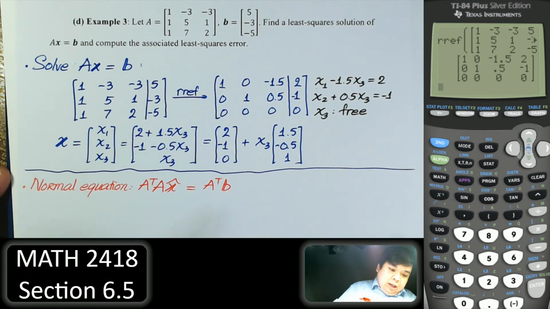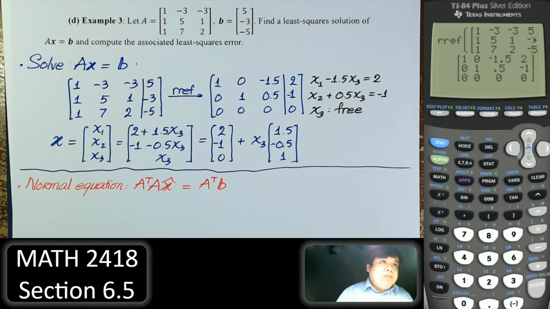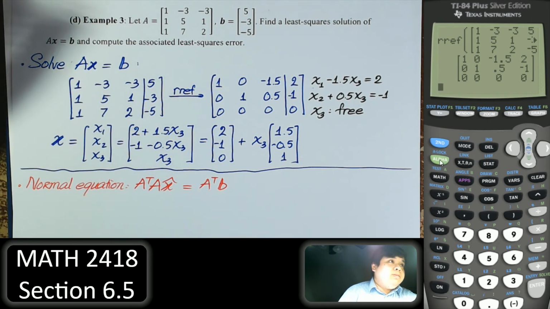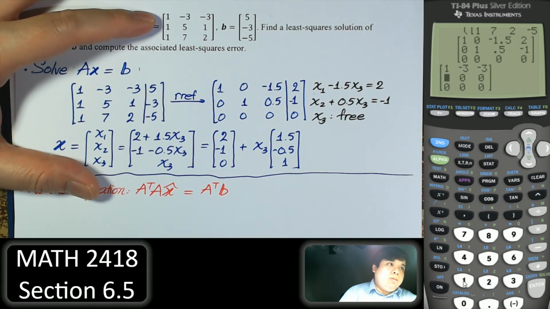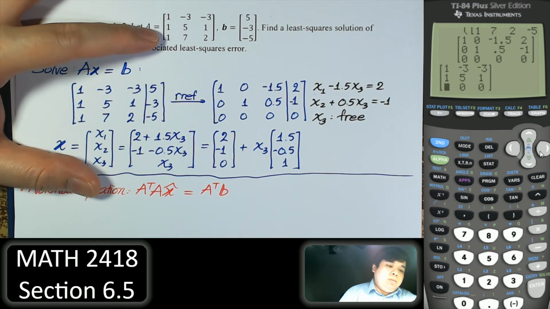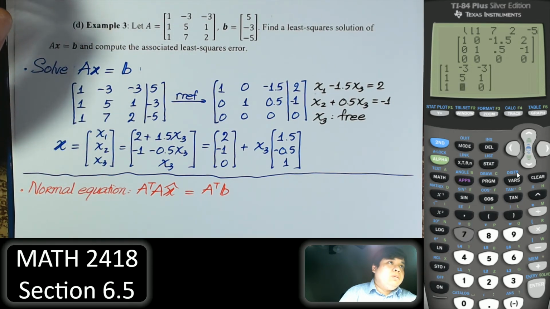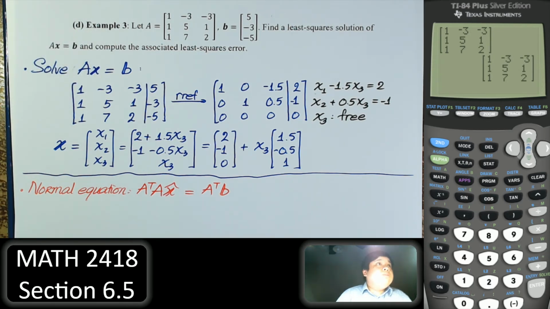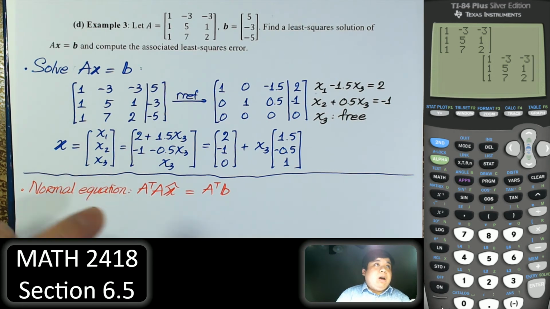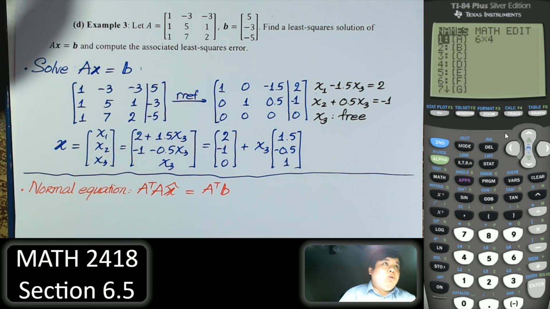So we just solve the normal equation, A transpose times A. Multiply by the transpose on both sides.